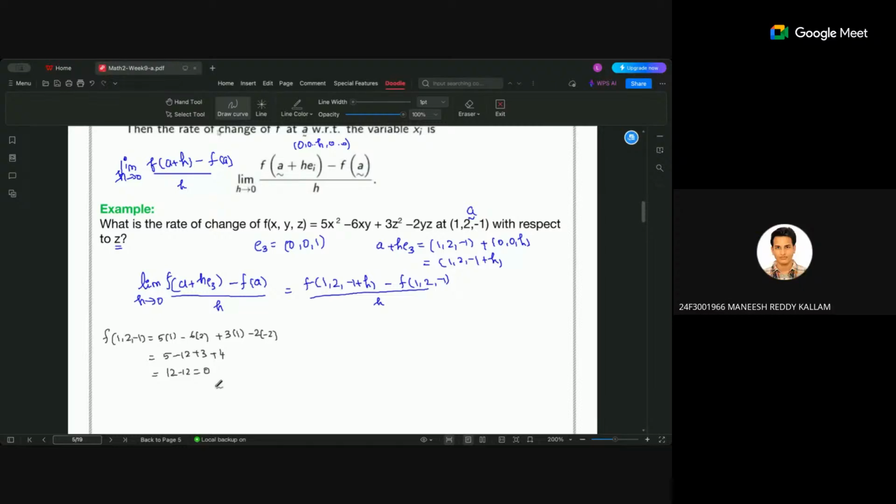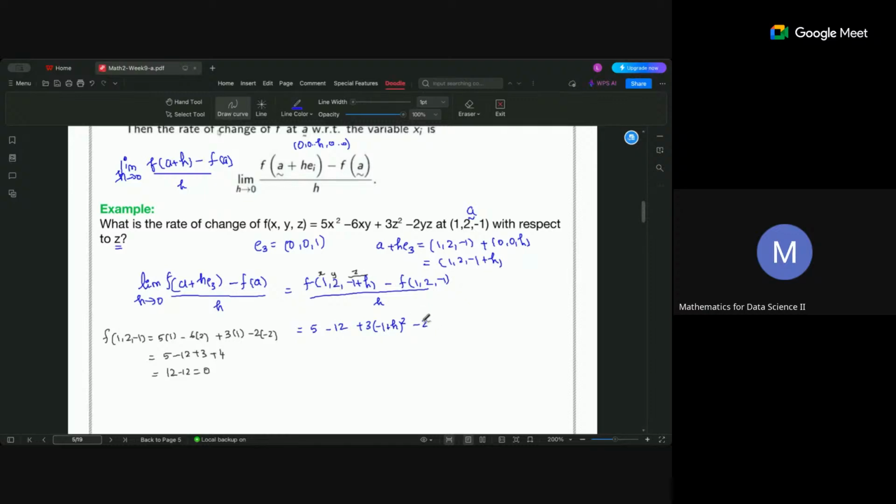So now we have to do the same for the first part as well. In your first part, note that this is your x, this is your y, and this is your z. Now substitute everything here. You will get 5 minus 12 plus 3 times (minus 1 plus h) whole square, minus 2.